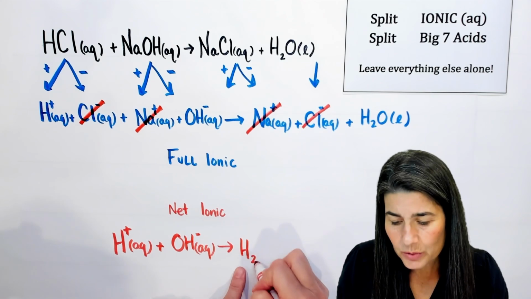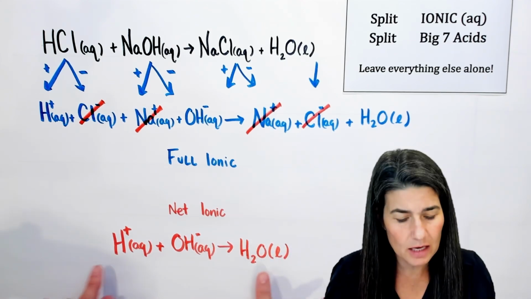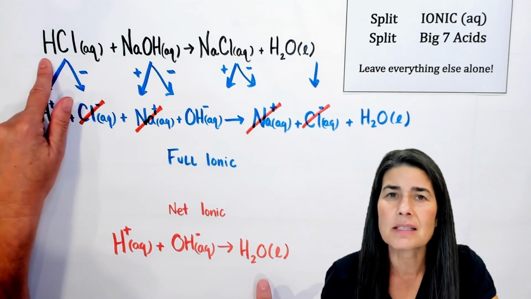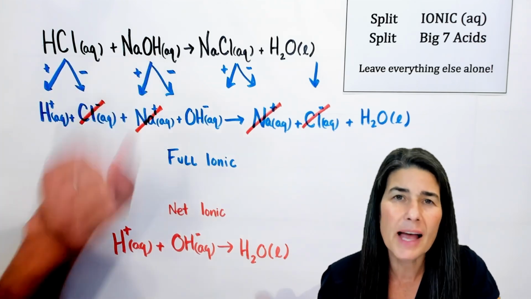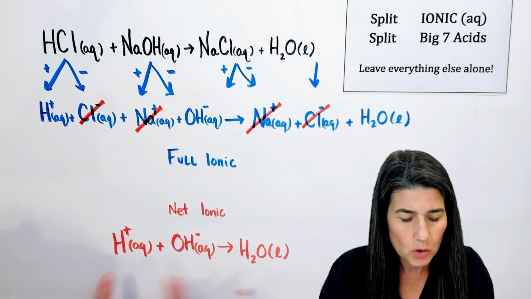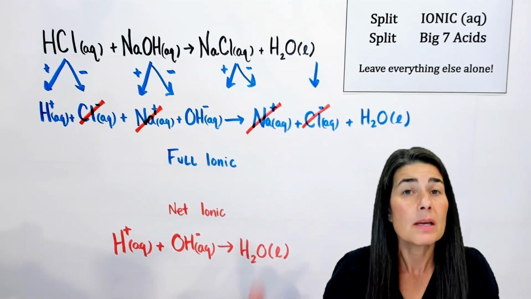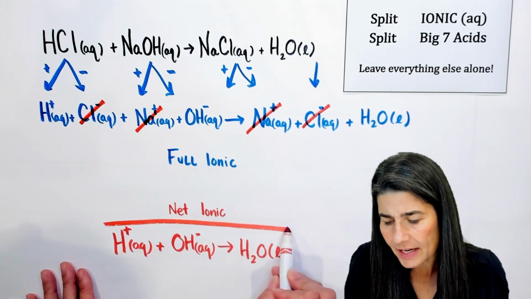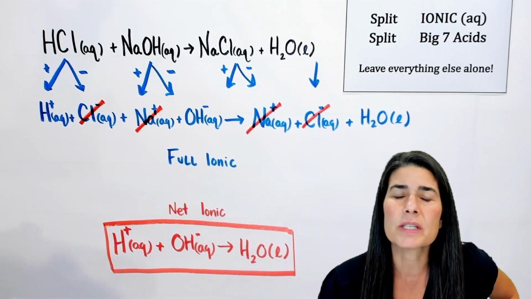This is almost always going to be your net ionic equation if you mix a strong acid like hydrochloric acid with a strong metal hydroxide base. You have H+ and OH- forming water. Now remember, when you finish your net ionic equation, always make sure that you do a double check.